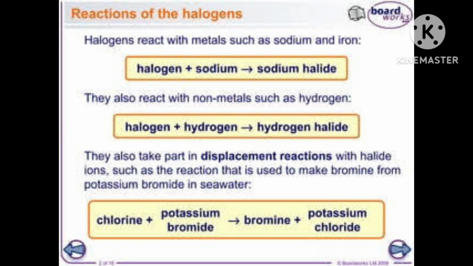This question is also asked. Ionic character decreases in the order: MF is highest, after that second is MCl, third is MBr, and fourth is MI, where M is a monovalent metal.